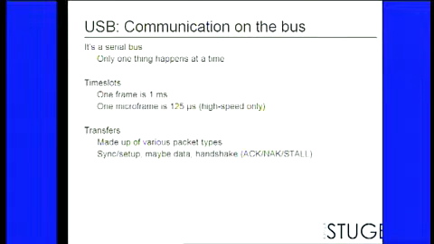Transfers are the logical unit or concept that is used for programming communication. So I say that I want to do one transfer, and this transfer is made up of a couple of different packet types which fit into frames.